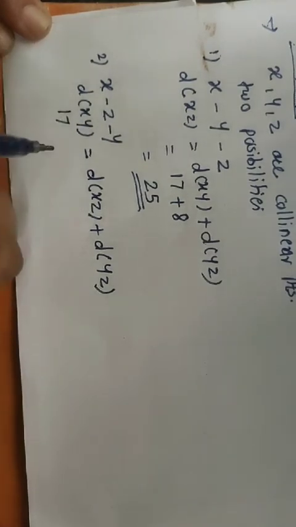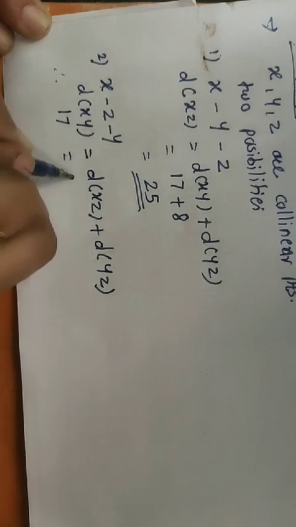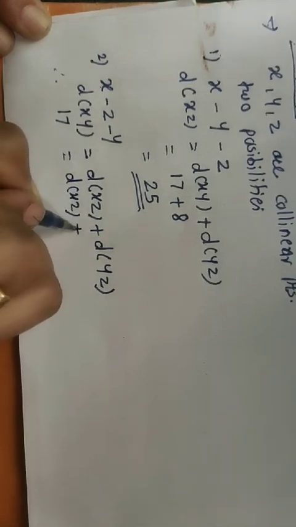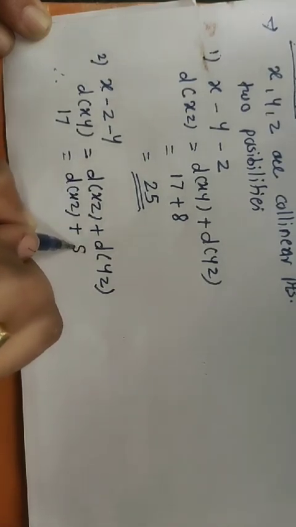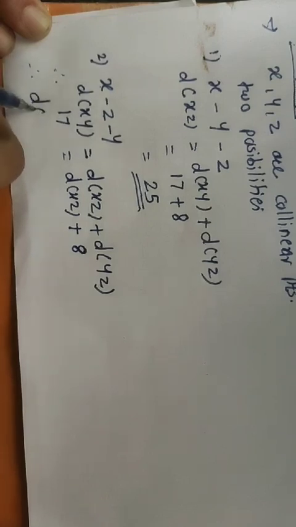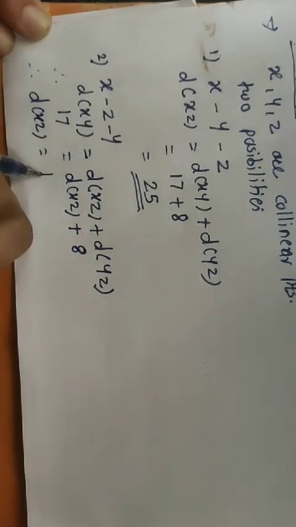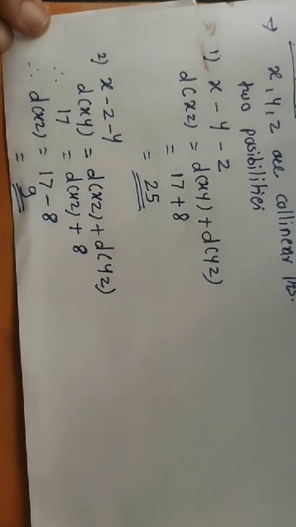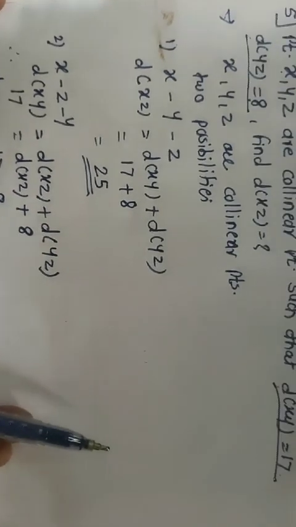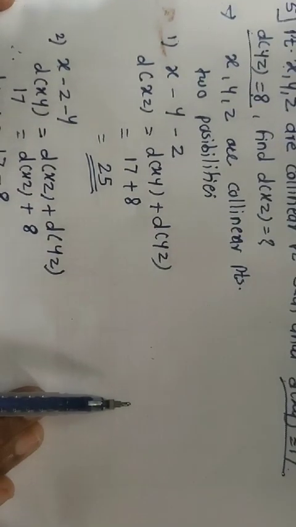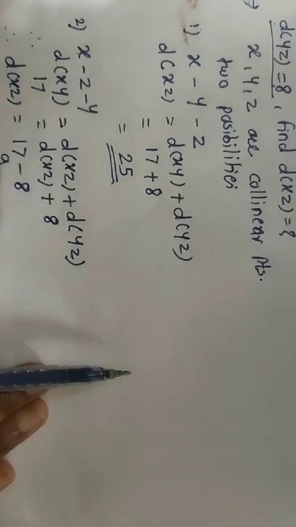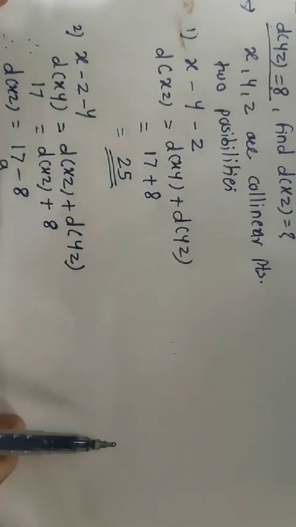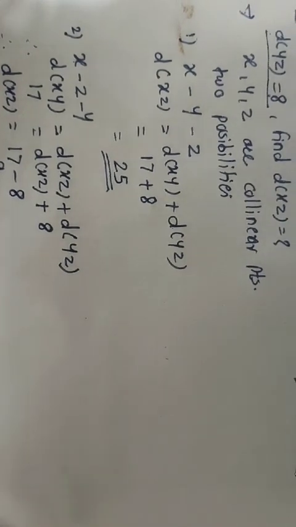XY is equal to 17, YZ is equal to 8. Therefore, distance XZ is equal to 17 minus 8, which is equal to 9. It is our required answer. So here we complete our practice set 1.1. You have to solve the rest of the examples in practice set 1.1.